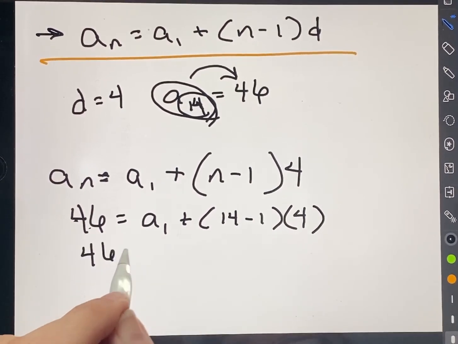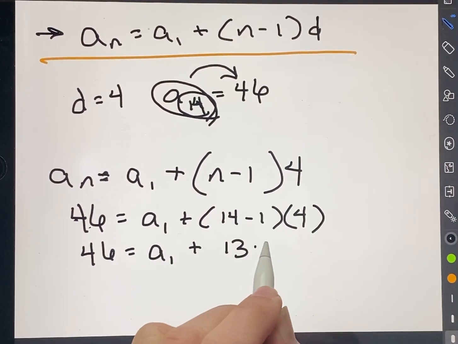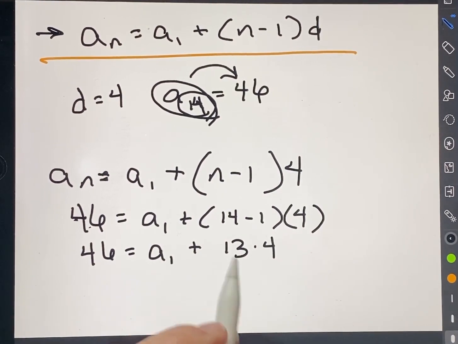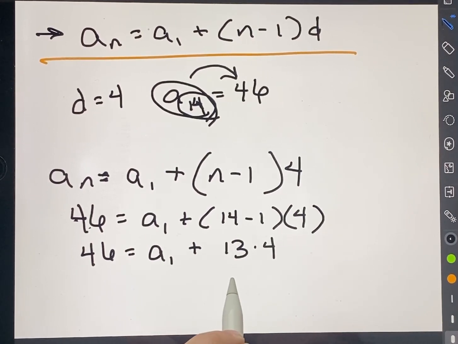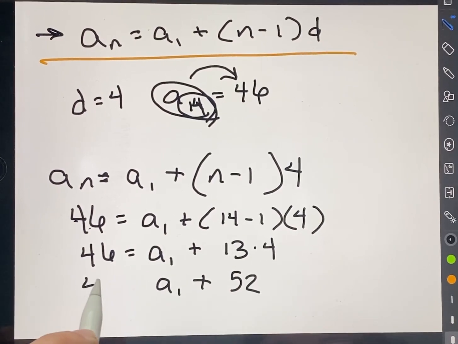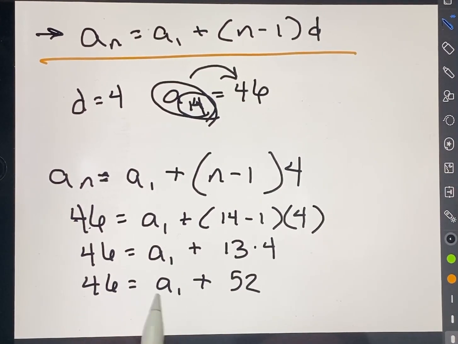So we're going to have 46 is equal to a sub 1 plus 13 times 4. Okay, so in this case, we have 13 times 4 is going to give us, what, 52 in that case. So now I have 46 equals a sub 1 plus 52. Solve for a sub 1.